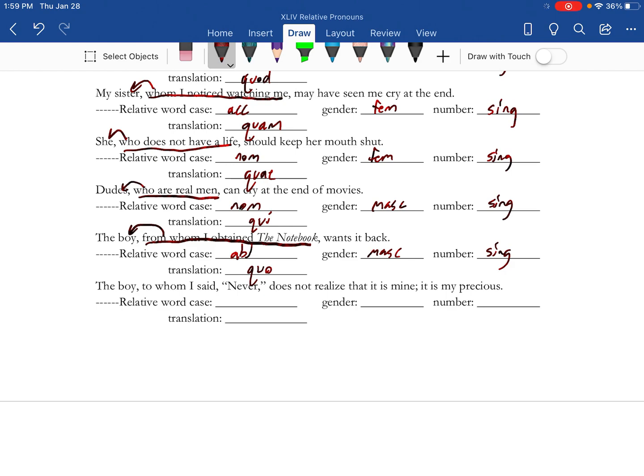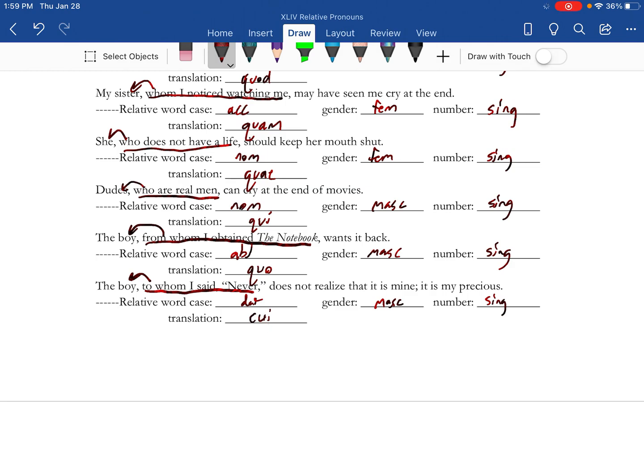The boy to whom I said never does not realize it's mine. It is my precious. Alright, so dative masculine. Cui.